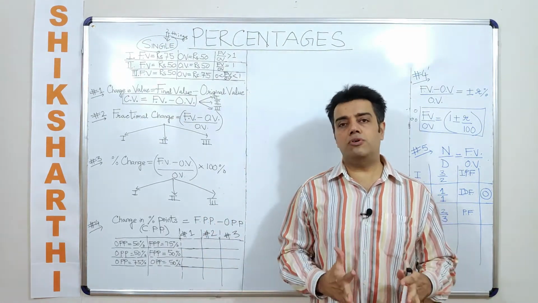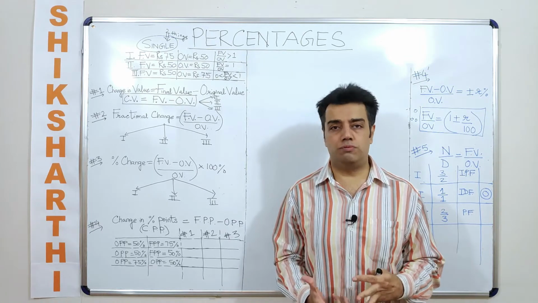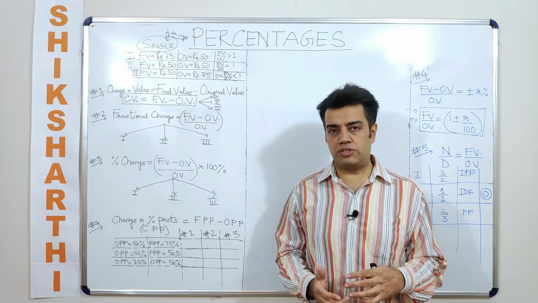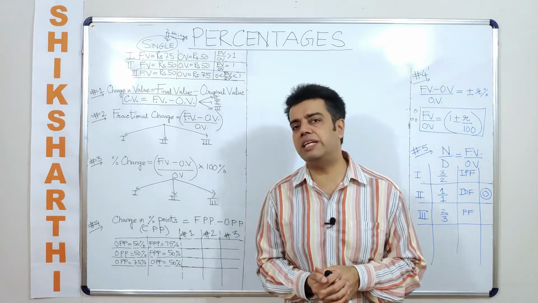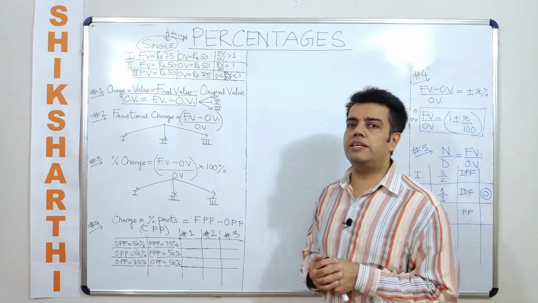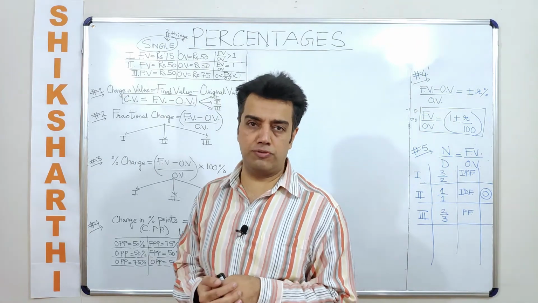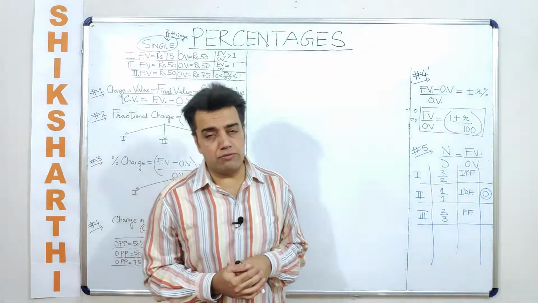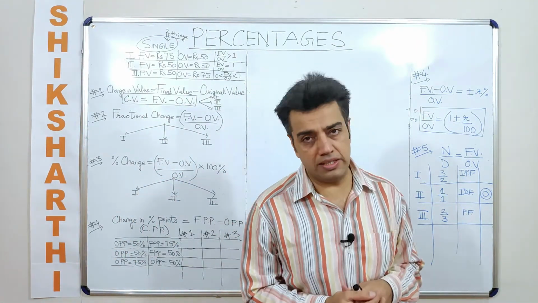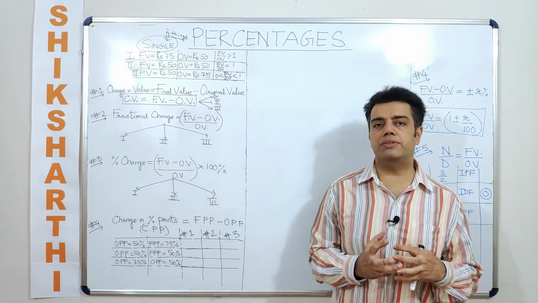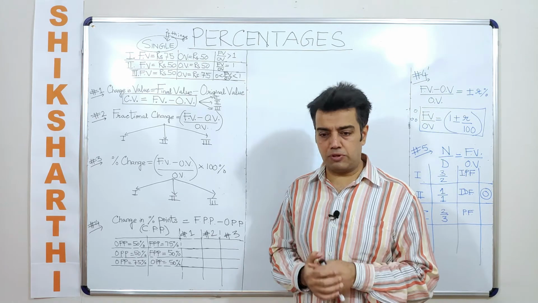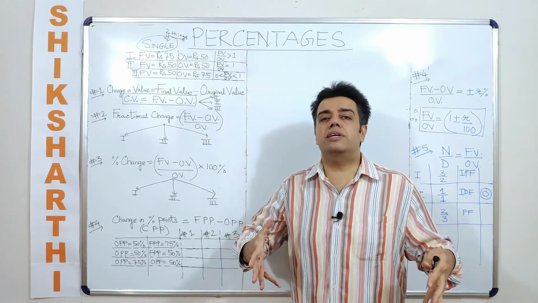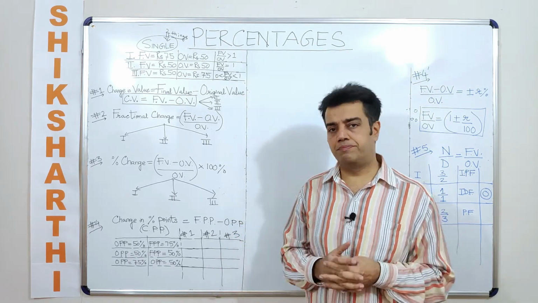Or if I talk about change in value, then I make it a generic discussion. This becomes a very generic discussion rather than talking specifically as I was a few minutes back. As we have always been advocating at Shiksharthi, focus on the generic methods rather than specific methods, because generalistic learning is always a holistic one.